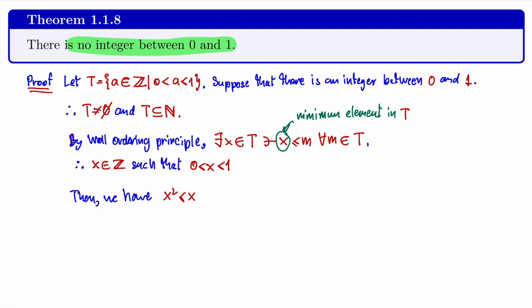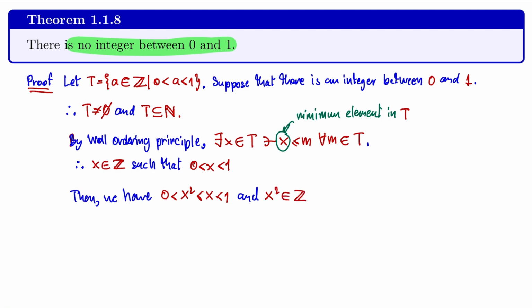And we know that x is less than 1, so x squared is going to be less than 1. A positive number that is squared must be greater than 0. And the square of an integer turns out to be an integer.